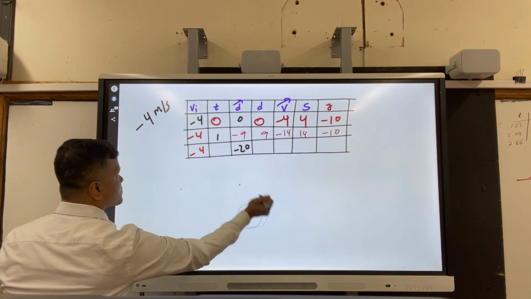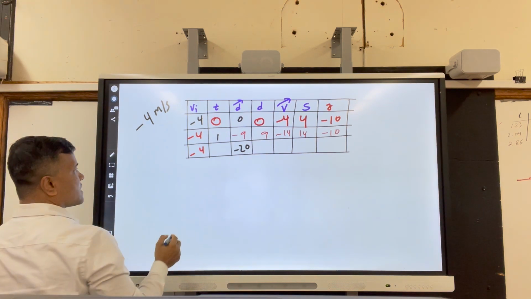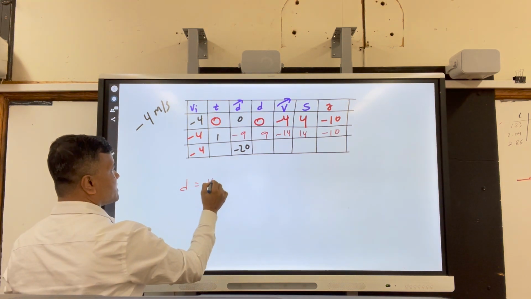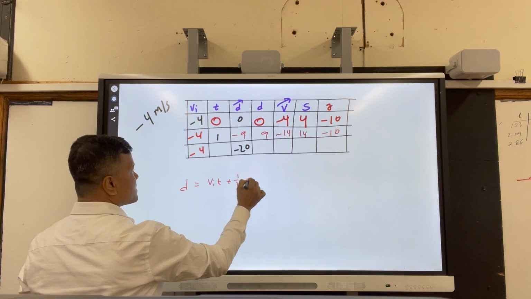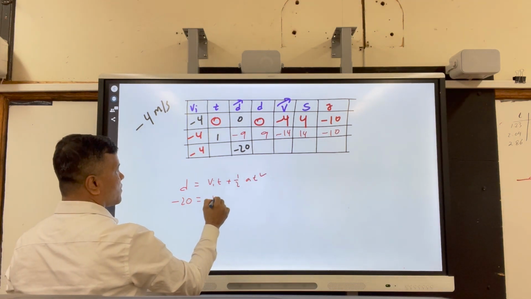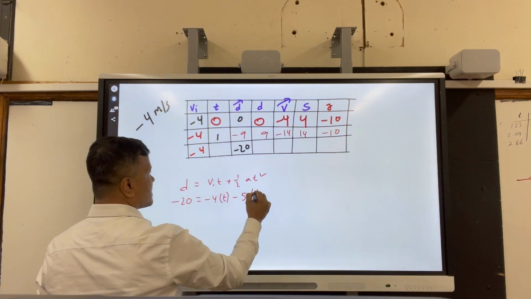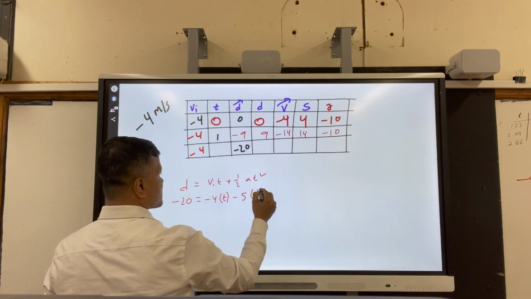Of course, the last one, which is the time when the displacement is 20, what is the time? How can we find it? D is equal to VIT plus half AT squared, right? And then this is 20 and this is negative 4, and then we want to find the time, and this is negative 5, and then T, of course, is squared.